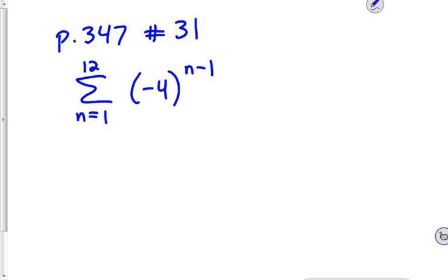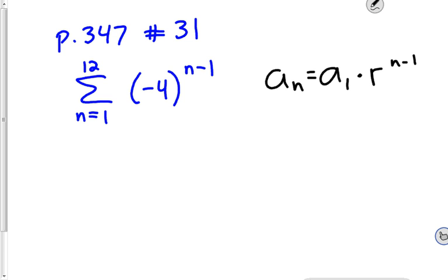All right, so number 31 is a good one to go over because there's a wrinkle in understanding the explicit formula. So real quick, a sub n equals a sub 1 times r raised to the n minus 1. That's the explicit formula of a geometric sequence, right?